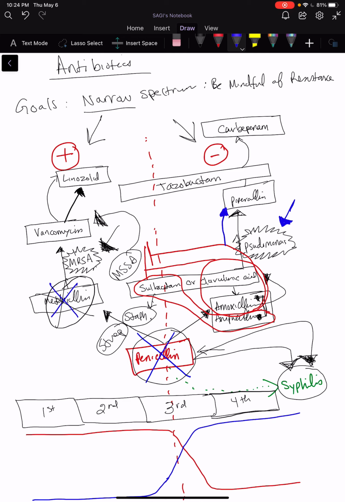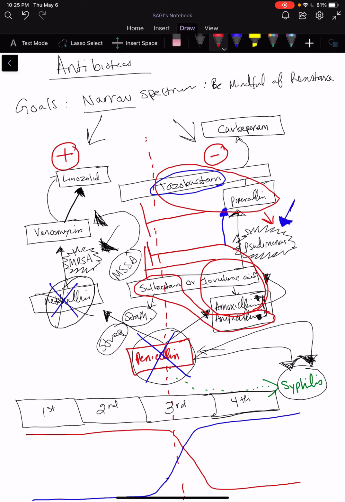So if you're thinking that your patient has Pseudomonas, you will need piperacillin, and the beta-lactamase inhibitor for piperacillin is called tazobactam. So if you combine piperacillin and tazobactam, you get gram-negative coverage, including Pseudomonas, but does not get to MRSA.